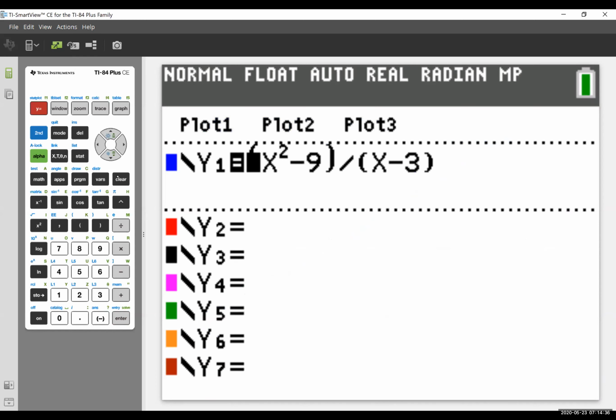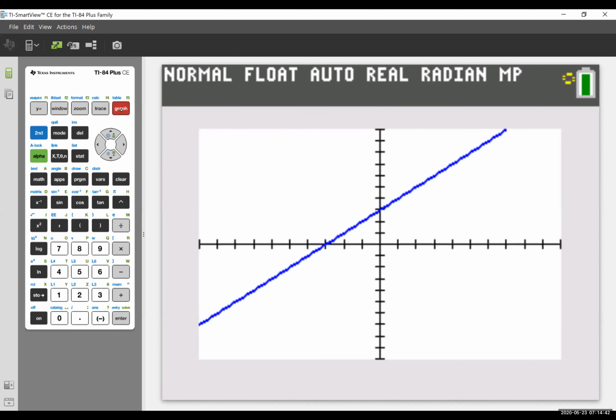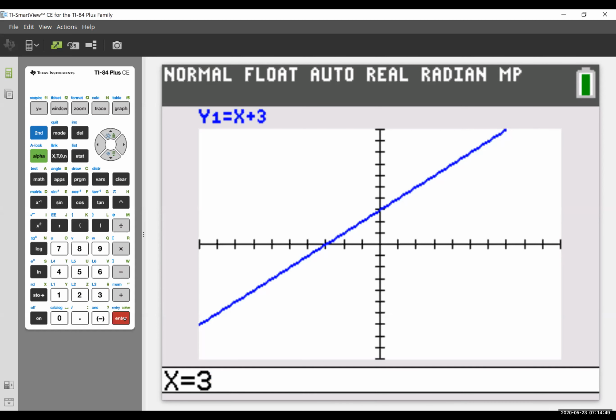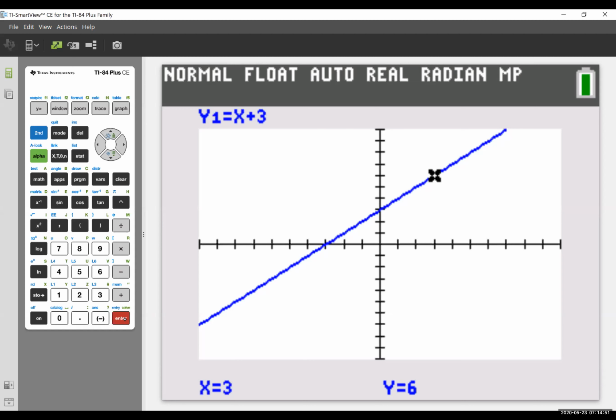If you were to type in y equals x plus 3, and graph it, it looks exactly the same. However, if you evaluate at x equals 3, you get an actual y value. So rational function versus linear function, be careful. I'll do a quick little sketch to help us out.